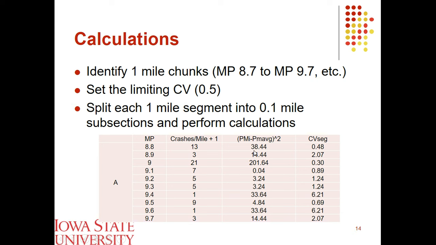Here, this would just be an Excel calculation where we take the performance measure, crashes per mile plus 1, subtract the average performance measure for the segment that we're investigating, and square it. And then we can calculate the coefficient of variation for that specific segment, which is going to equal this value divided by n minus 1, so in this case divided by 9.